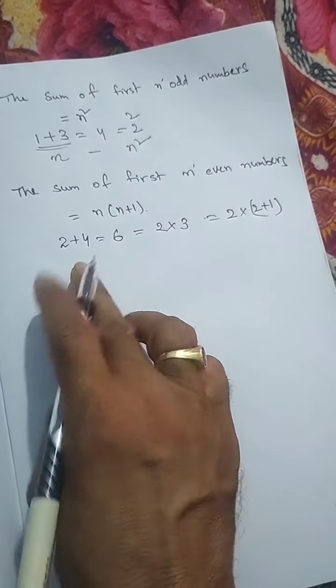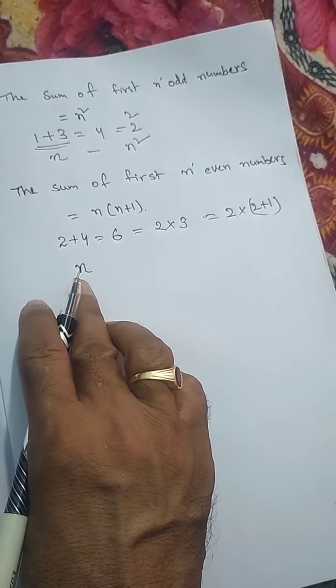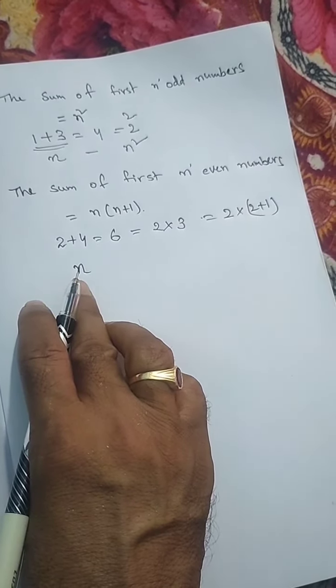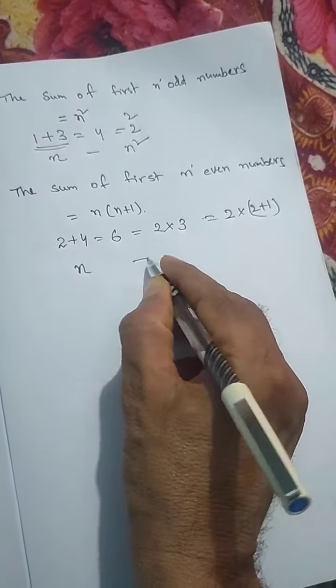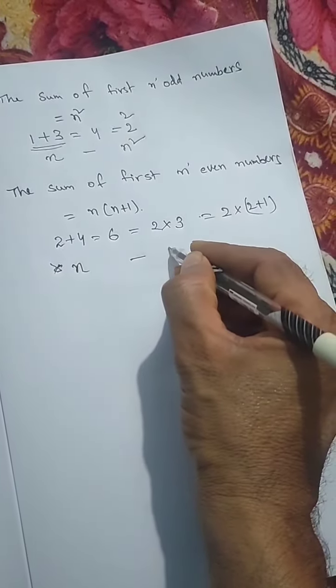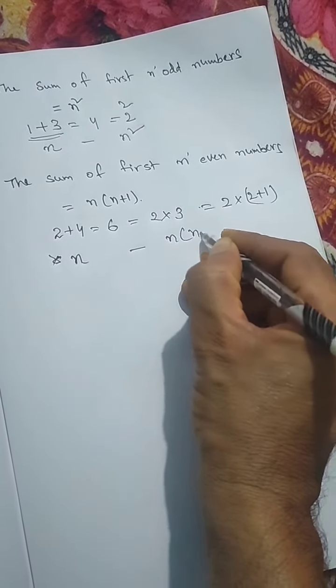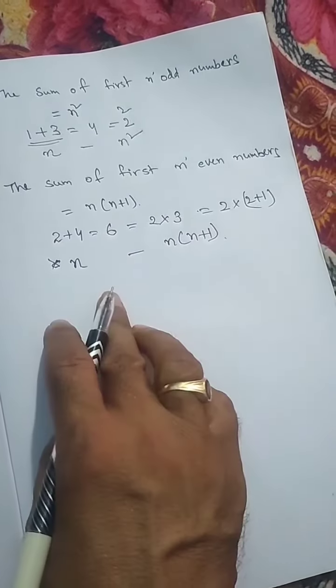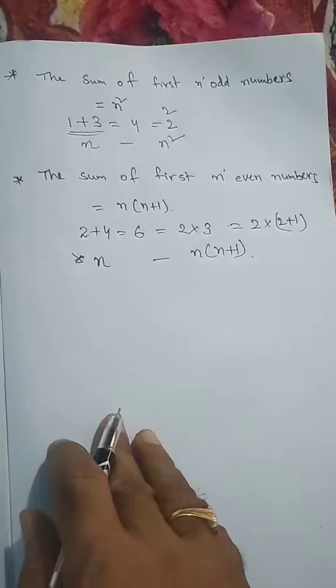If we take the first n even numbers, then the sum of the first n even numbers equals n into n plus 1. Okay, like that we have to check.